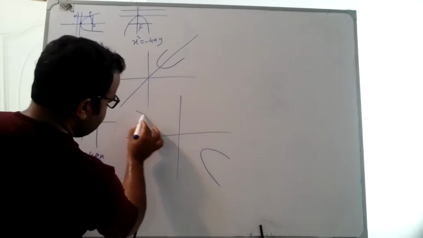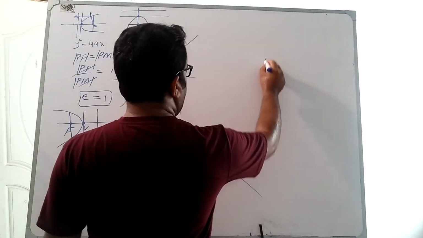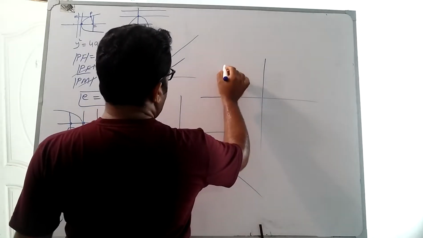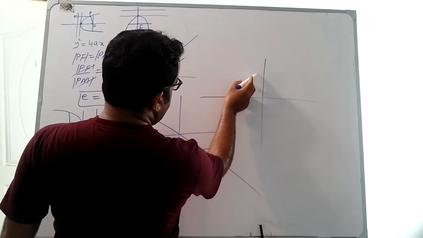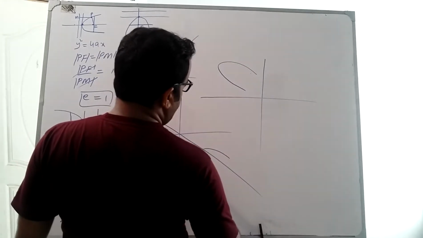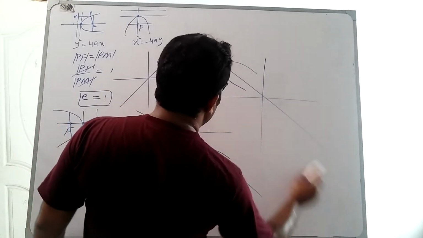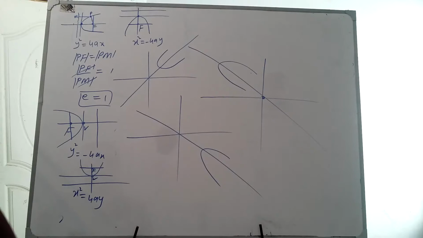In this case, the axis of symmetry is this one. It may be possible that our parabola lies in this plane and is opening just like that. Okay, our axis of symmetry is this one. So it depends on the figure.